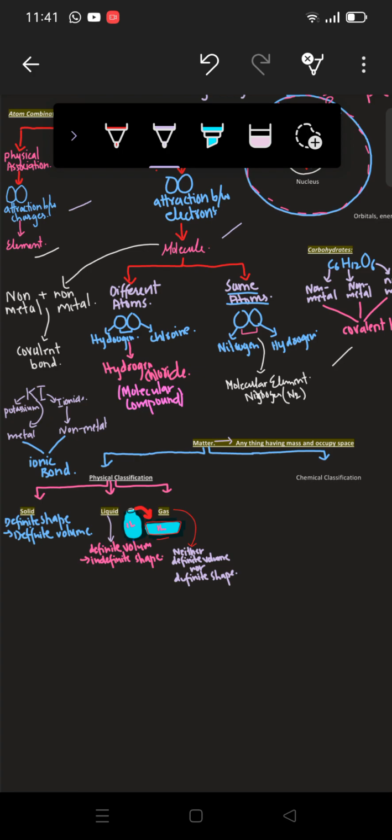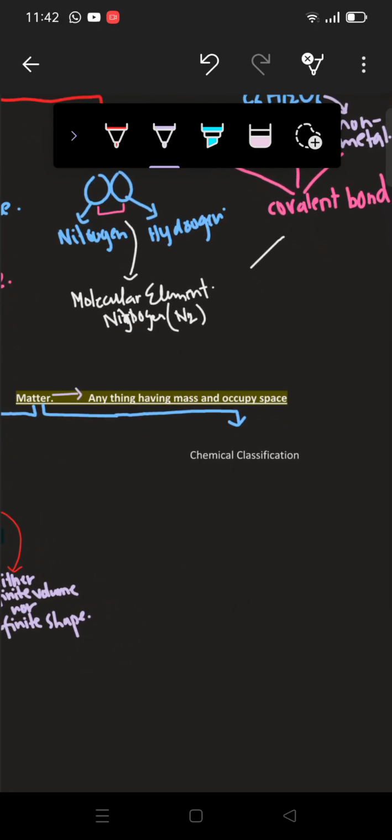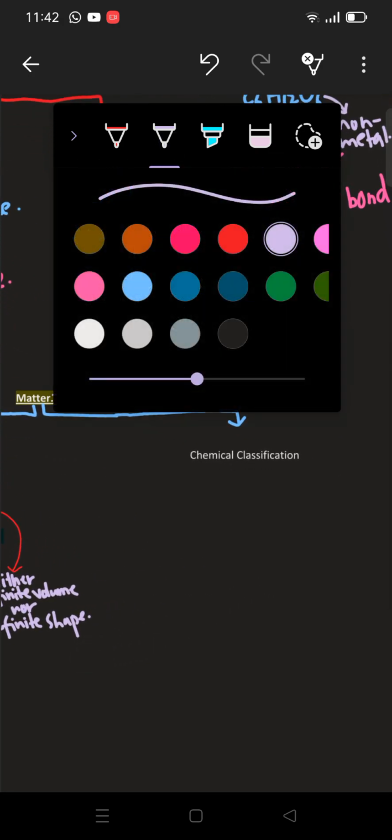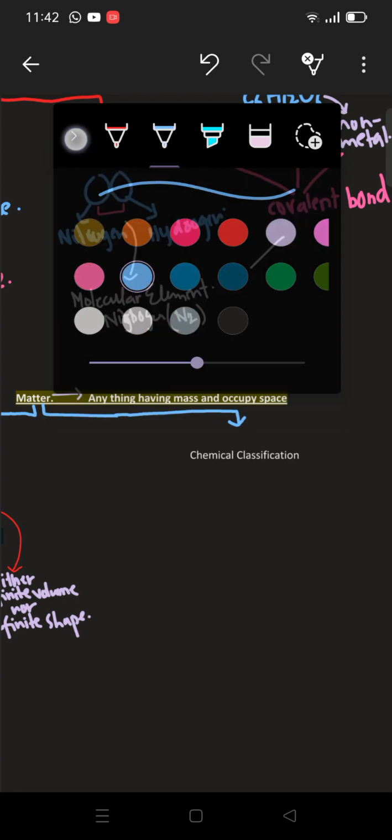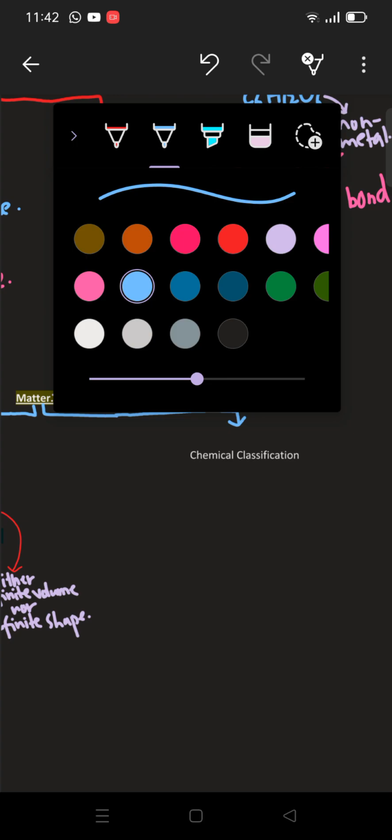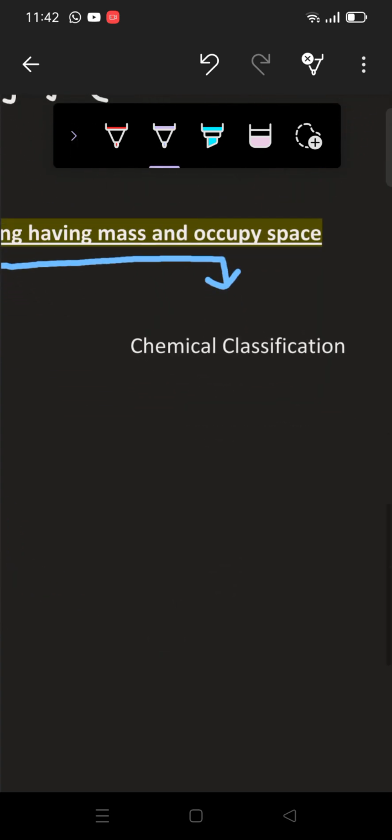Now let's go with the classification on the basis of chemicals. This was the physical classification. Let's go towards the chemical classification now. On the chemical classification basis, it is further divided into 2 categories.